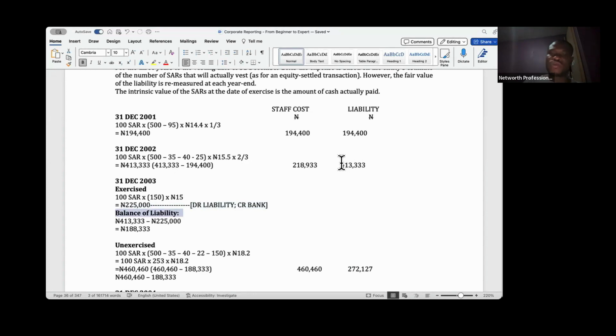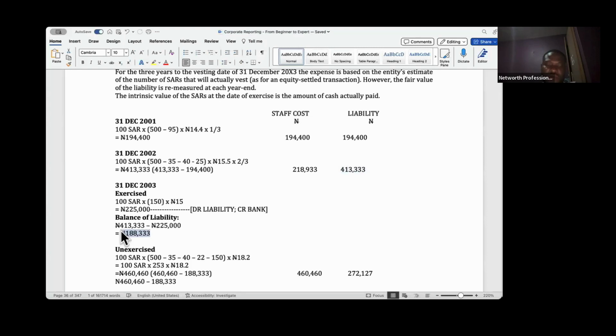If at the end of year 2, I was owing 413,333, and I have settled 225,000, what I am owing now is 188,333. That is removing this 225,000 from my liability balance. So at the end of year 3, my liability balance is 188,333. As a result of this exercise, my liability has reduced from 413 to 188,333.